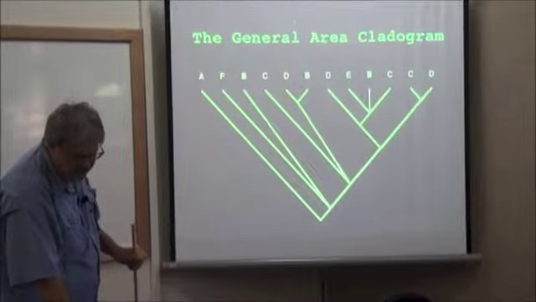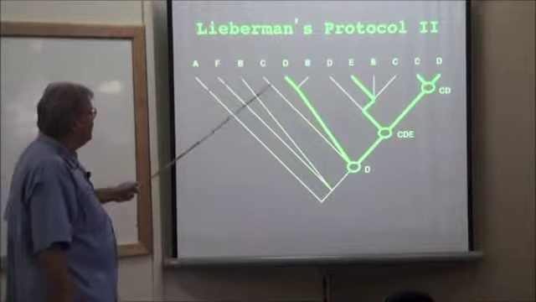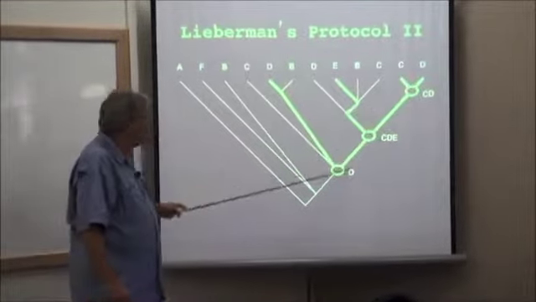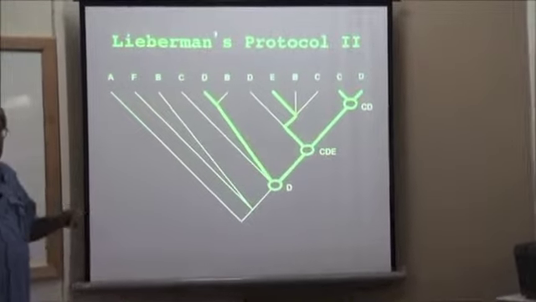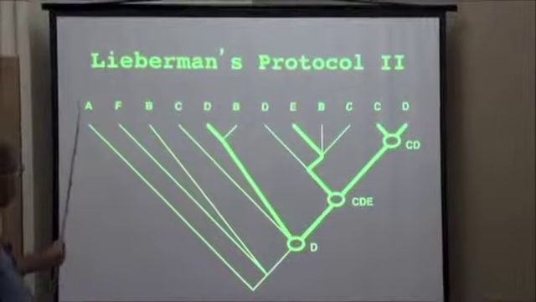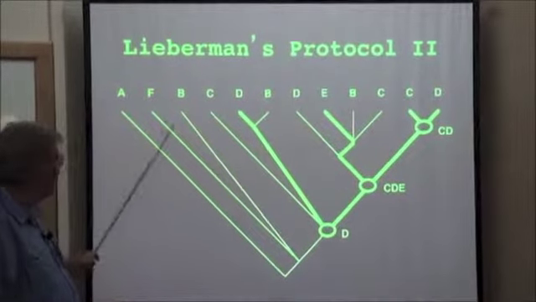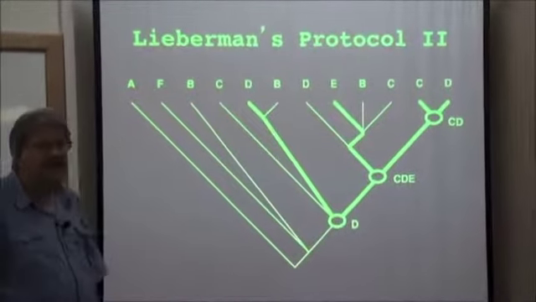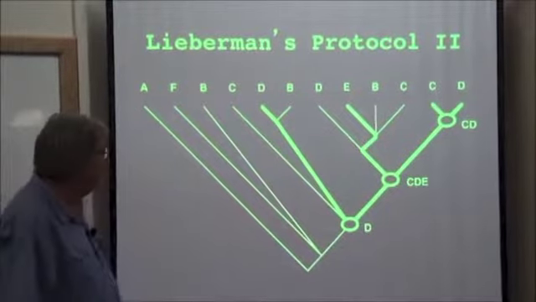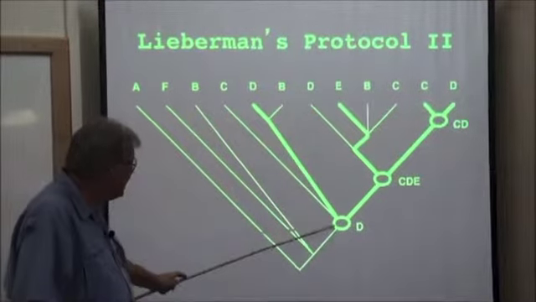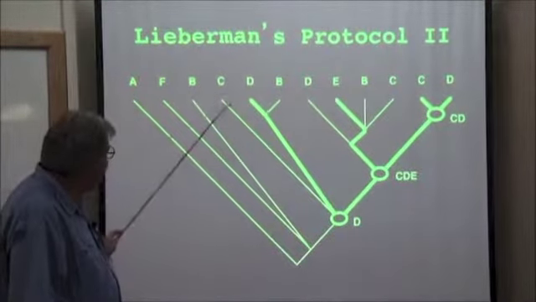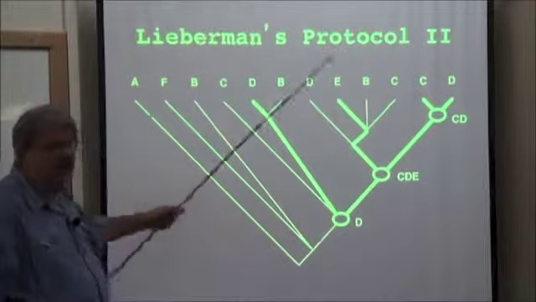where you get the general area cladogram. We use Lieberman's protocol, and it turns out there are only 3 general nodes. But here's what happens. One group comes in from Florida, one group comes in from Venezuela. It takes them some time to get together because they come into different islands.